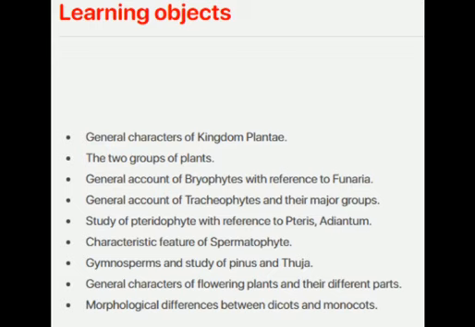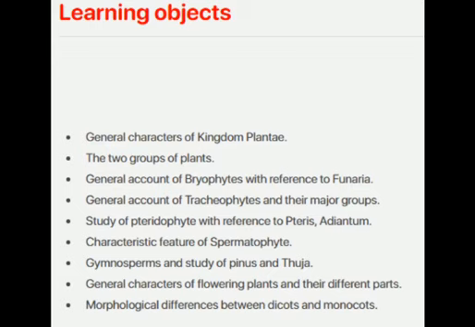All of you know that they are made up of many cells, and eukaryotic means the cell has a nucleus and a proper nuclear membrane, so having different cell organelles in it. So they are eukaryotic.